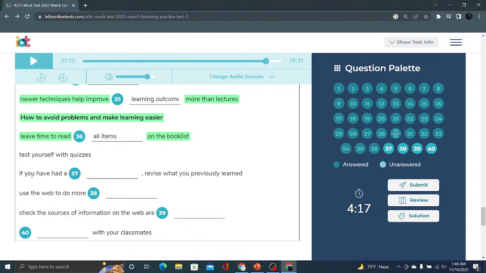Revise what you previously learned. Once you've done that, an ideal thing to do would be to test yourself on the contents. Prepare a mini quiz while reading and go back to it before the lecture and just check you know the answers.